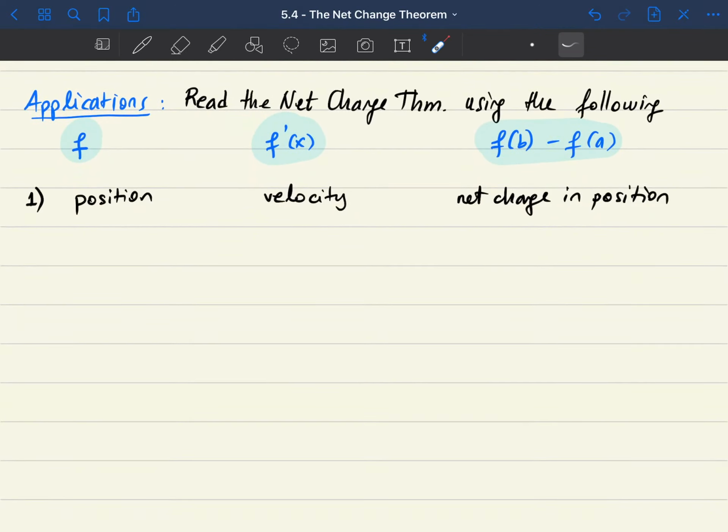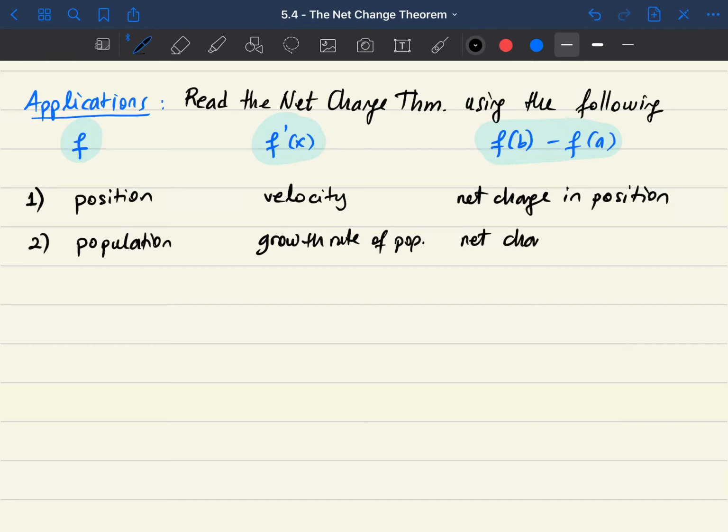Okay, or another application could be the following. So if you have, for example, population is your quantity f, then the growth rate of the population is the derivative of the population function. So let me just say the growth rate of population. And the integral of the growth rate of the population is the net change in population. And so on.